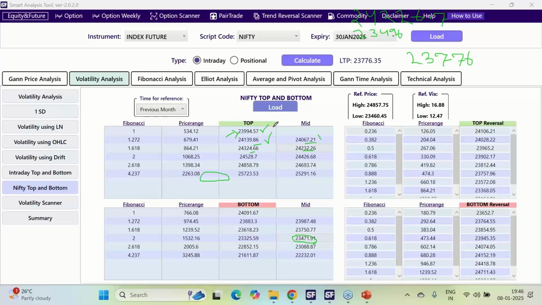If it fails to cross this one, then it will create further bottoms. What bottoms can it create? It can create 23,389, 23,089, 22,852. These are the bottoms for the month of January 2025.